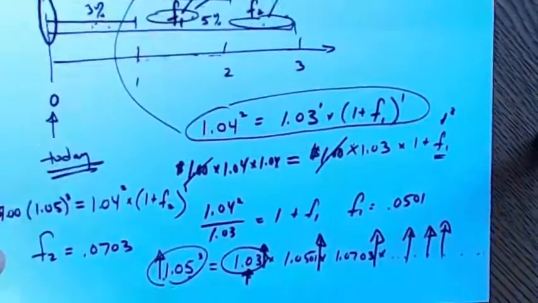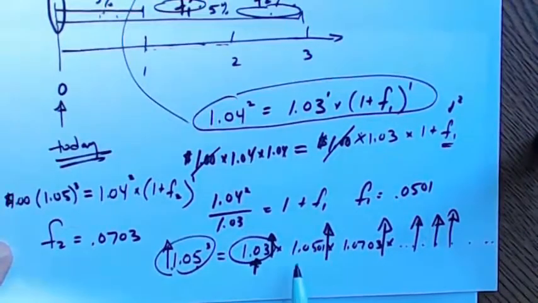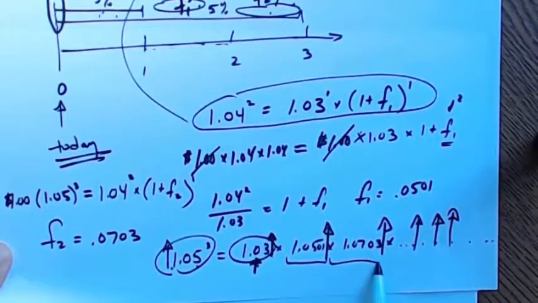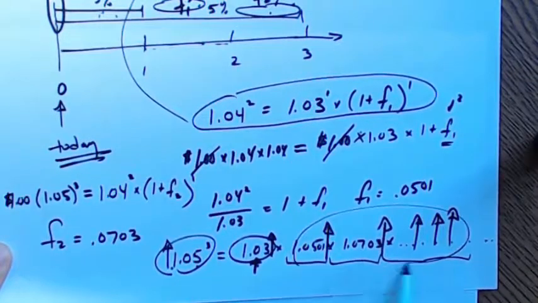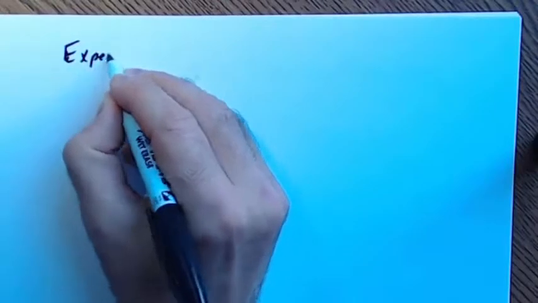Then I showed you how you can back into these unobservable expected future short rates. Now, what I'm going to show you is how you can back out and determine expected inflation.